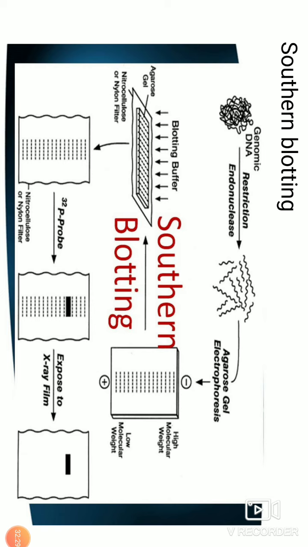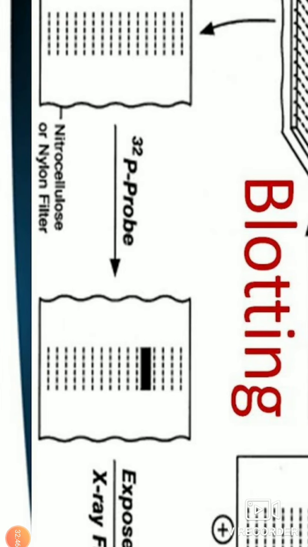So now what we have done is we have taken genomic DNA, restriction digested it to form short fragments, electrophoresed them, and then transferred them onto the blot. After transferring onto the blot, your probes are added. Probes can be P32 labeled.